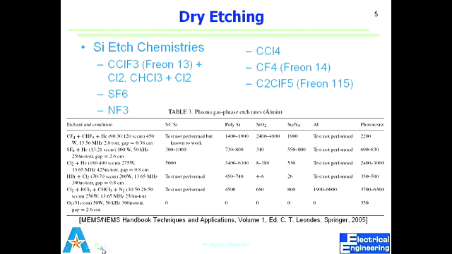Selectivity, right? One recipe etches silicon at some rate. The same recipe etches silicon dioxide at a very different rate. But some recipe may be in the same ballpark as the material that we might use as the mask.